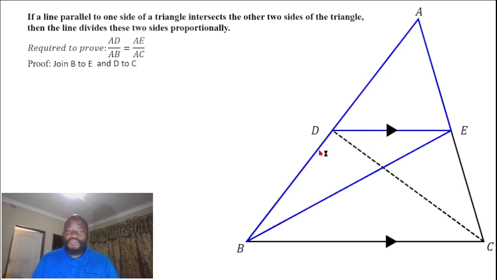We're also going to be using this one later on, but for now, for the first part of the theorem, we're going to be concentrating on the big triangle and ADE.